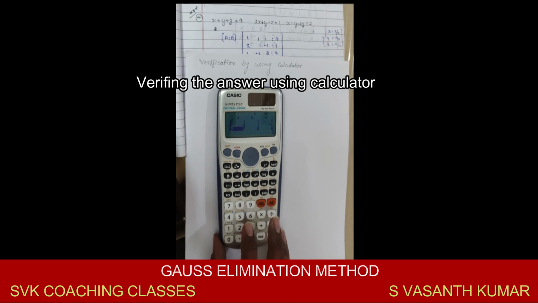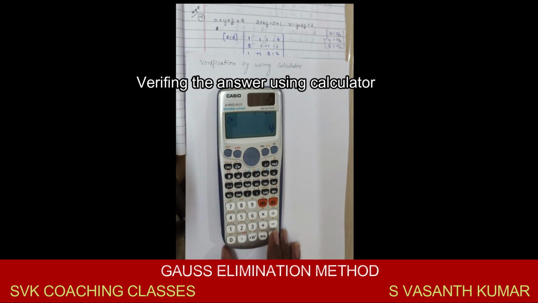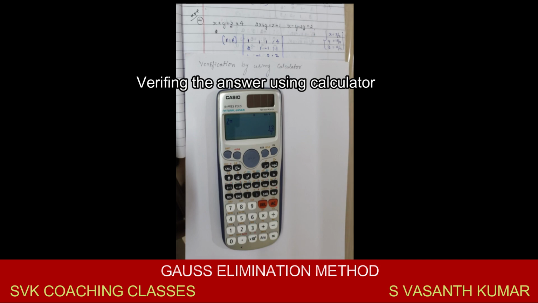Go with the third row, 1, minus 1, 2, 2. So you are going to get the values of x as 3 by 7, exactly correct, y as 13 by 7, exactly correct, z is 12 by 7. This is the way of verifying the Gauss elimination problem using a calculator. This is the shortcut to find the solution of a system of equations by calculator.